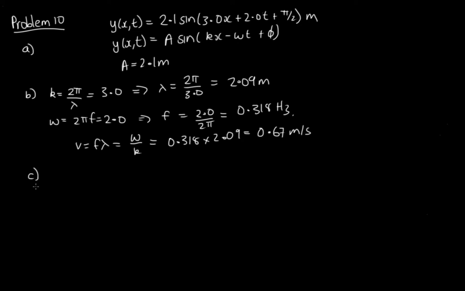Part C then asks us in which direction is the wave travelling. Okay, so when a wave's travelling to the right in the positive direction, the numbers in front of the x and the t have opposite signs. In this case, they've got the same sign, and so this wave is travelling in the negative direction, so to the left.